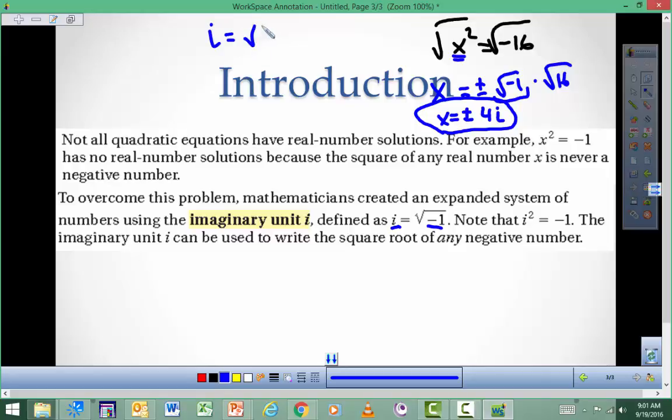It's equal to the square root of negative 1. And it's what we call the imaginary unit. Now, I'm not sure imaginary unit is the correct word that we should be using in mathematics, because imaginary suggests that it's invisible or it's not real.